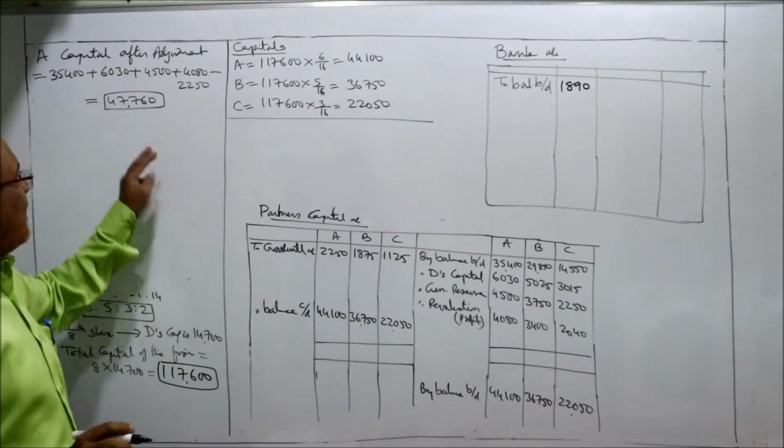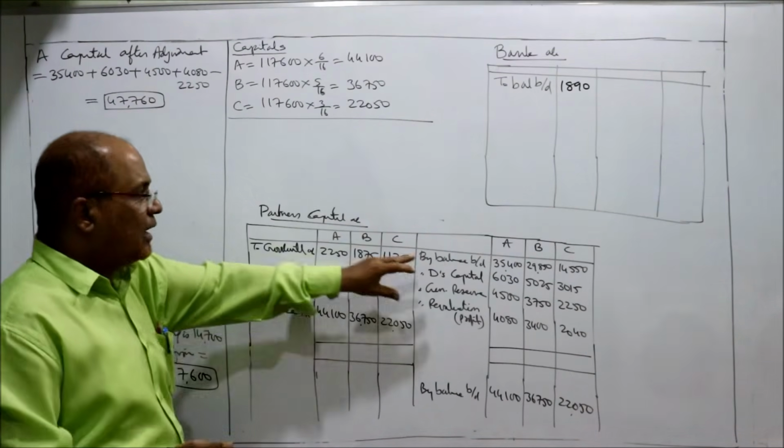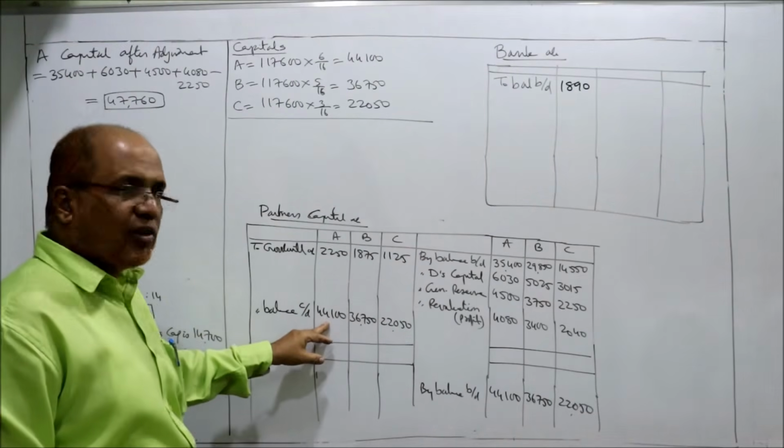So A's capital is 47,760 after making all the adjustments, but his capital should be 44,100.